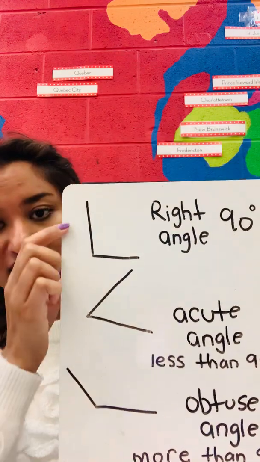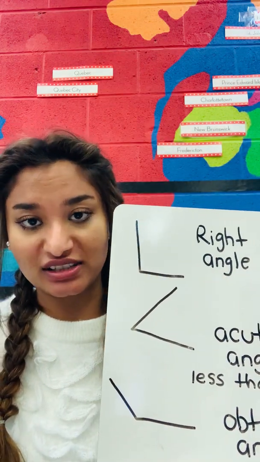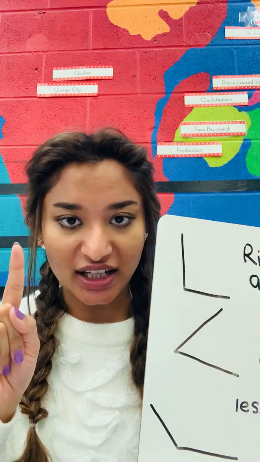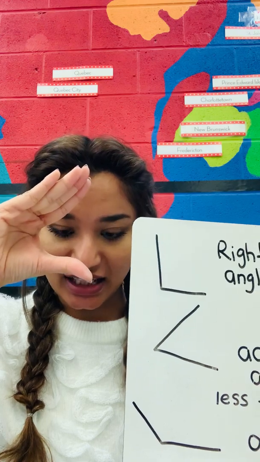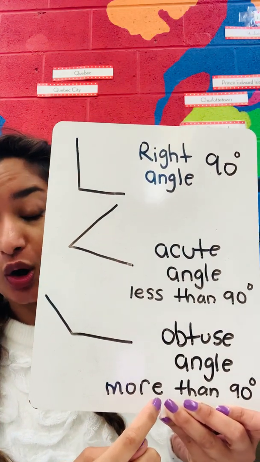So again, what's your clue? You need to understand right angles, they will always be 90 degrees, okay? Acute angle, they will never be 90. They will always be less than 90. Obtuse angles, they will always be greater than 90.